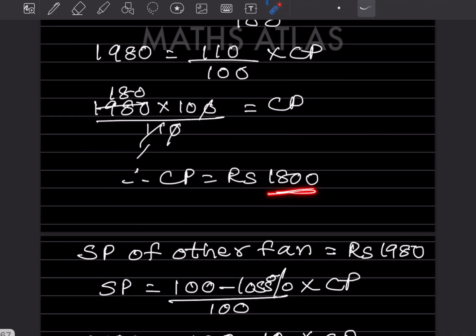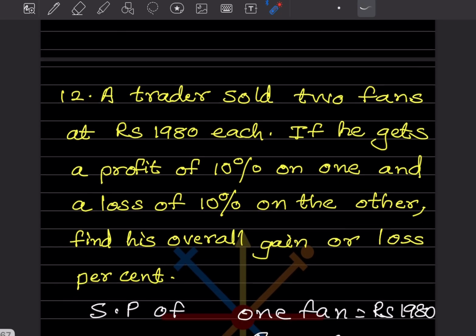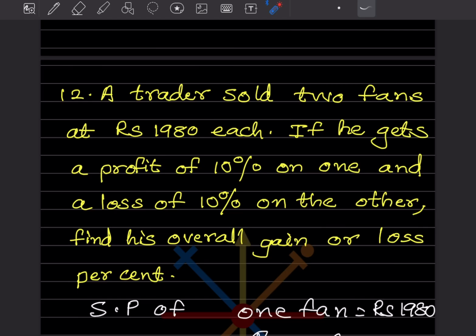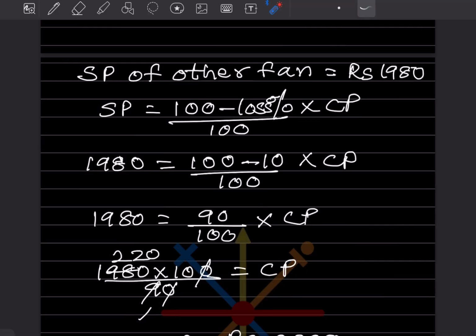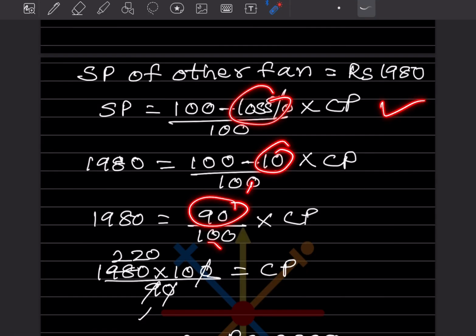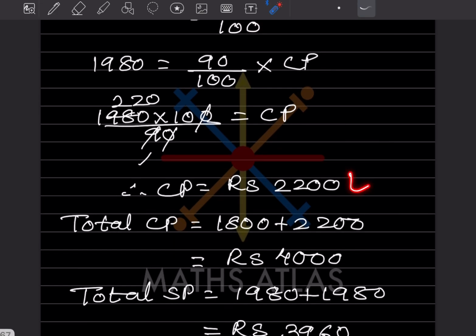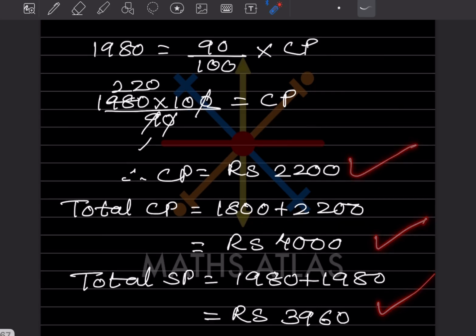Cost price is 18. Selling price of the other fan, because both are the same, loss 10. After this you get the cost price as this one. So this is the selling price.